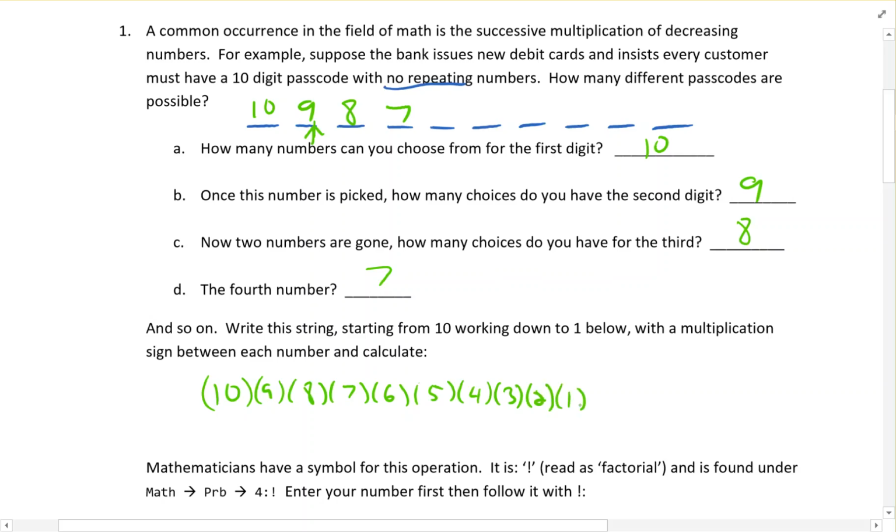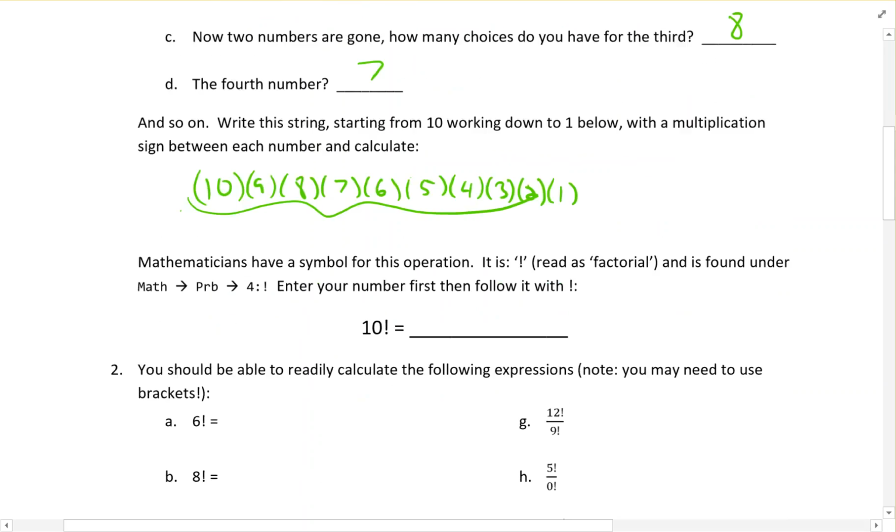If you multiplied these all together, that's how many possible debit cards you could possibly have. This, multiplying 10 and then going down by 1 every time, is called 10 factorial. And that's what that exclamation point means. That means factorial.